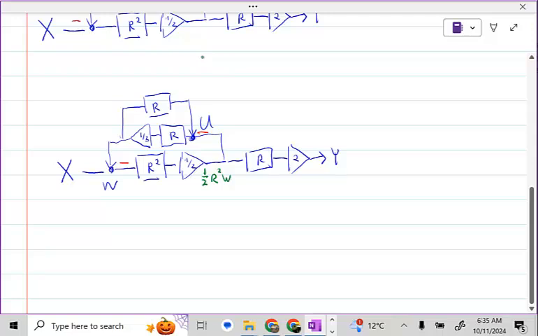Right, because there's only one input. It comes through this multiplier, this r squared, and it comes from w. Okay. Now actually I can label the output of this as well because this is just 2r times 1/2 r squared w. So this is going to be 2r times 1/2 r squared w.